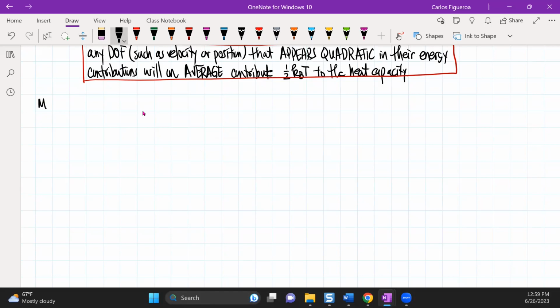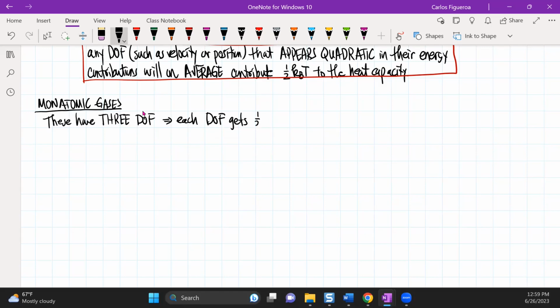So let's go look at this and what do we mean by this? Okay, so let's go back to monatomic ideal gases. So what do we know about monatomic ideal gases? These have 3 degrees of freedom. And so that means each degree of freedom gets 1/2 kBT.